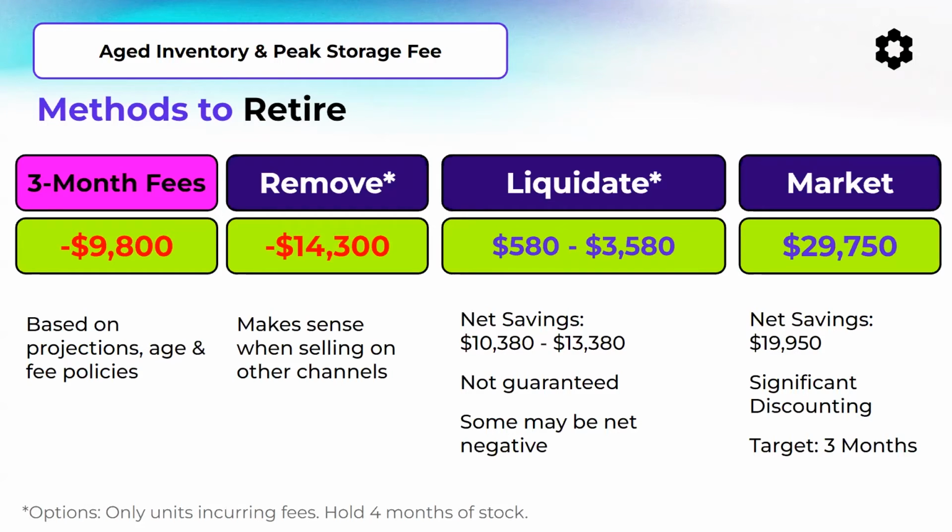Drop your price 50%, or whatever that is. It usually will take between 1 and 3 months for whatever you do to actually catch hold, to actually take effect. So we look at, okay, we're going to pay $9,800 within the next 3 months on these products. And that's based on projections, on the age, and on the fee policy.